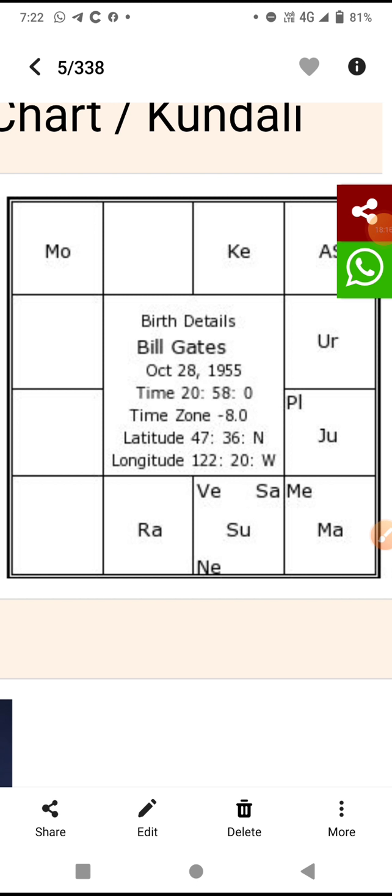Next, let me see the second principle, the 5th house is over now. Next, the 10th house. I already told you the 10th house lord is in the 3rd house, that makes him a communication field.